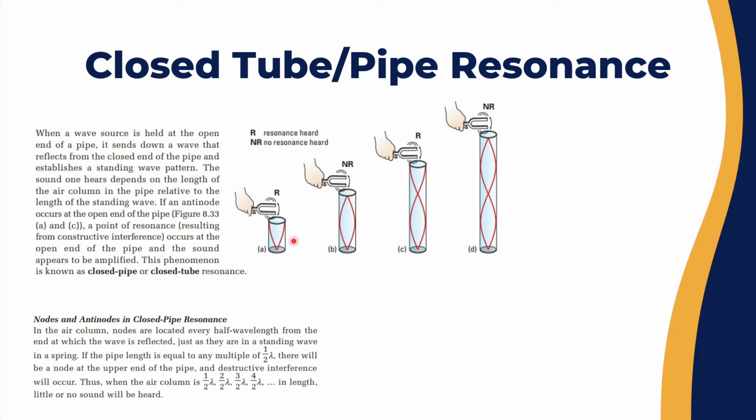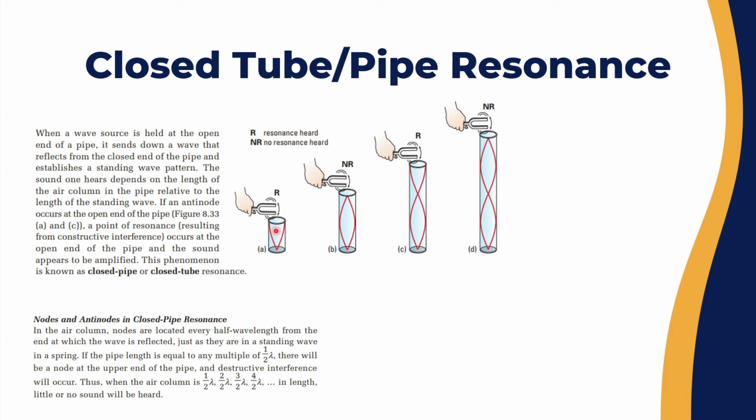So you can see here, when you hit the oscillation here, your sound wave will go down, hit the base and go back up, but if it is closed over here, there will be no amplification of sound in the outer medium. But here the antinode is open at the mouth of the pipe, so it will be louder. Here it will be muffled, and here it will be a louder resonant sound that you can hear.